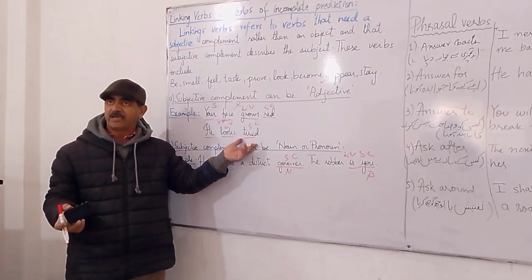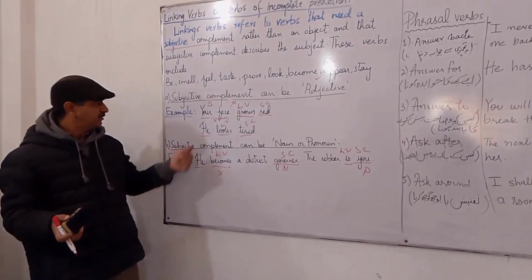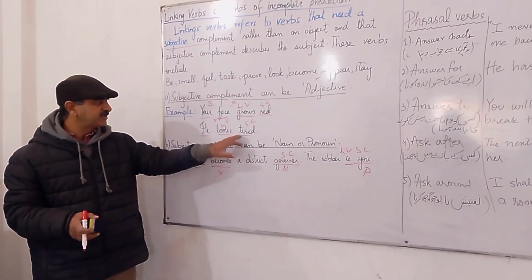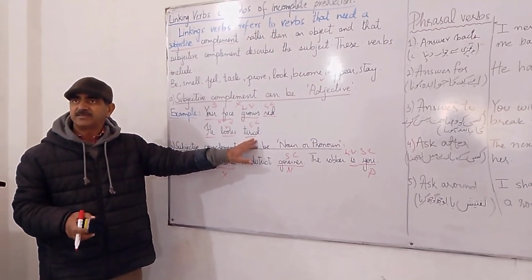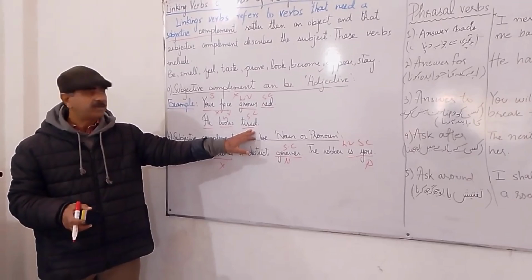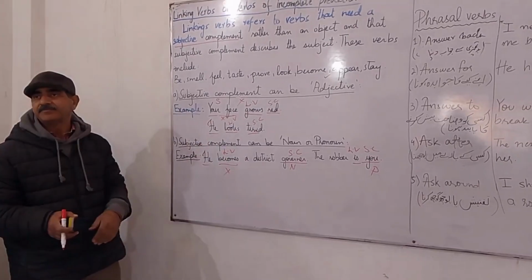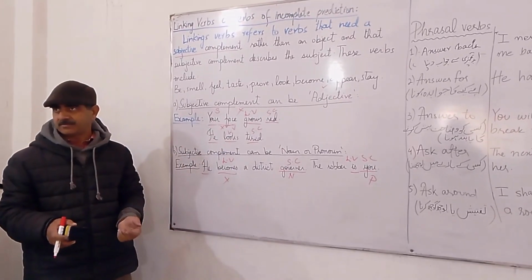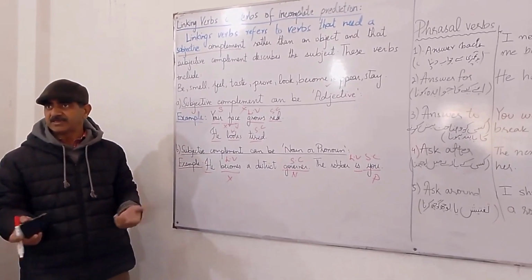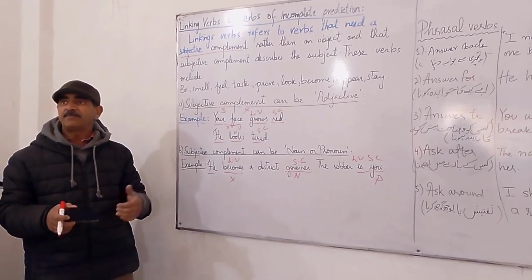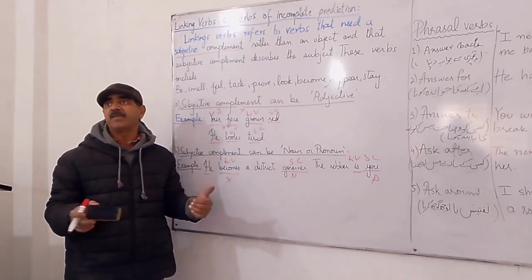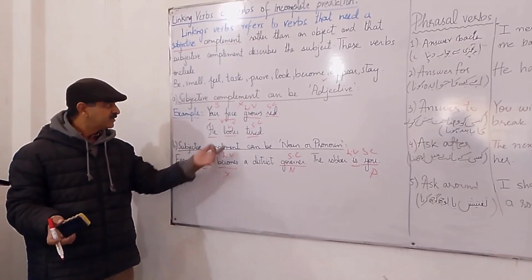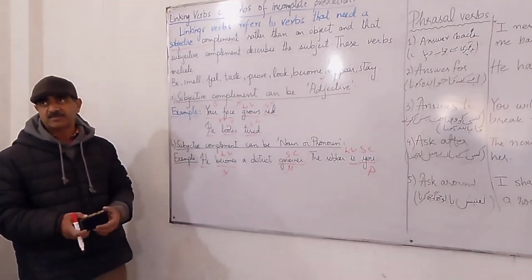Clear? He looks tired. This is a linking verb because it is referring towards the subjective complement. And if we cross it out, "he tired," does it make any sense? It makes some sense, but not a complete sense. So the sentence loses the sense.